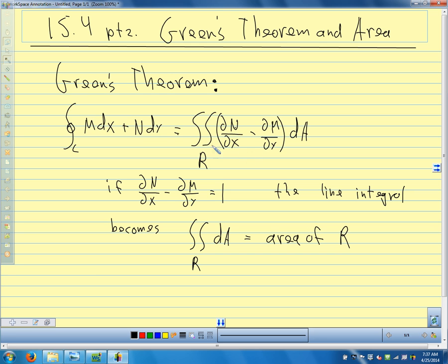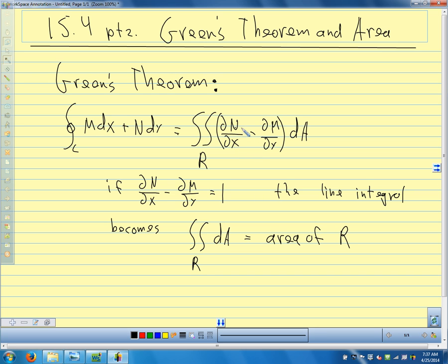There are several ways that we can arrange it so that we can use a line integral to find the area of a region. What we're doing is kind of running Green's theorem in reverse. Normally, the usual way that we apply Green's theorem is to simplify evaluating this line integral, because a double integral over the region is easier to evaluate.